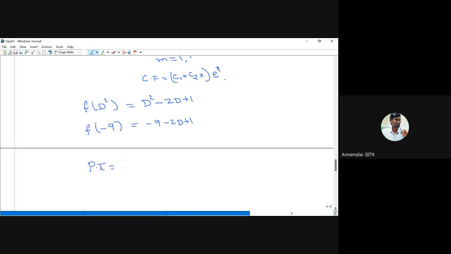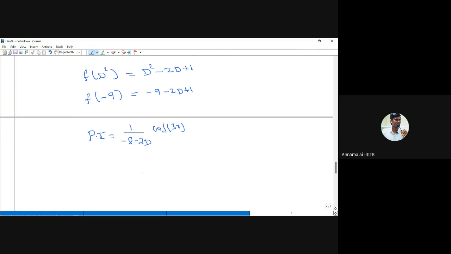So therefore, the particular integral is 1 by f of d square. If you simplify this, we get 1 by minus 8 minus 2d into cos of 3x. You can take minus outside, or take minus 2 outside, and you get d plus 4 into cos of 3x.